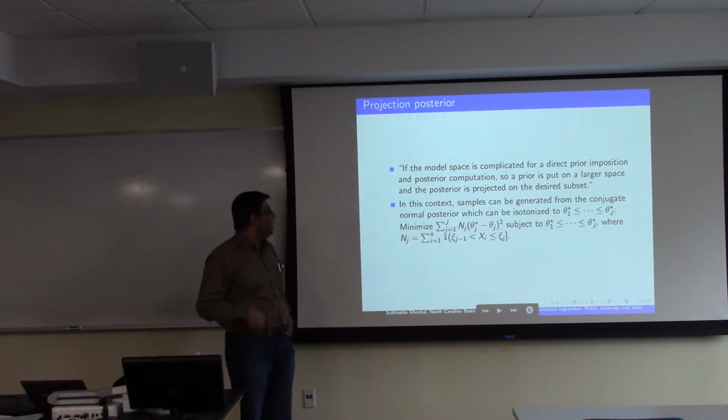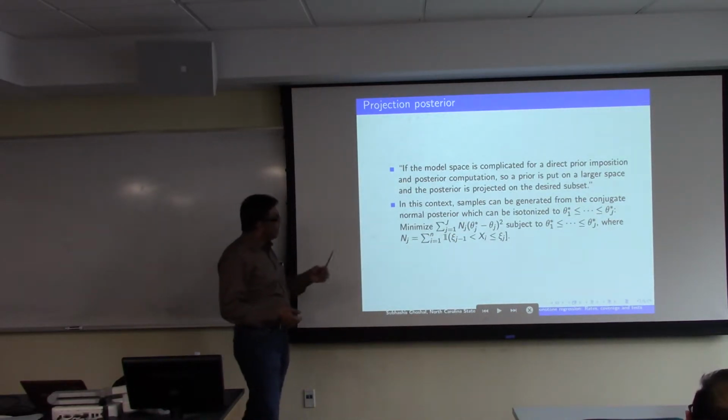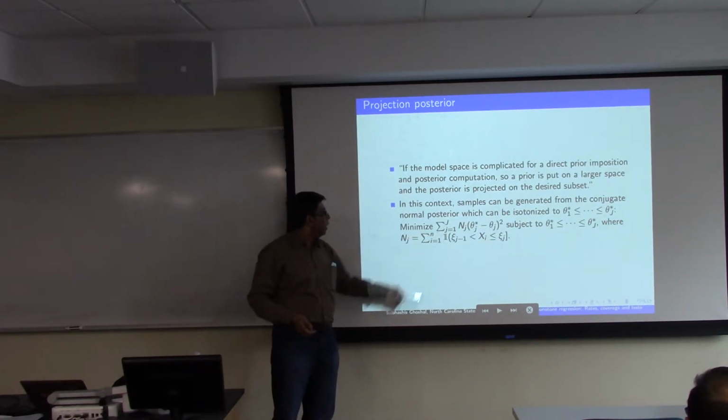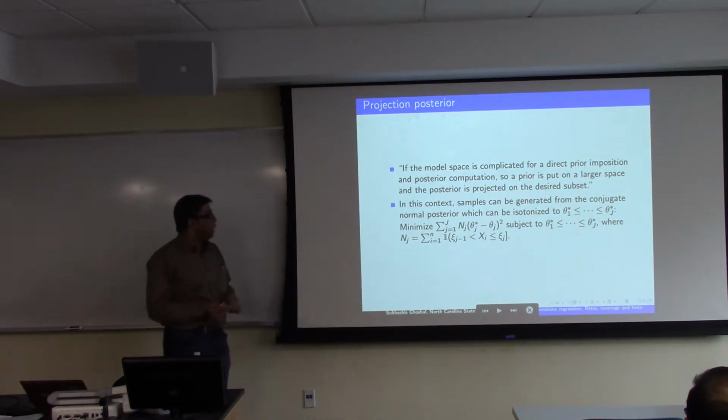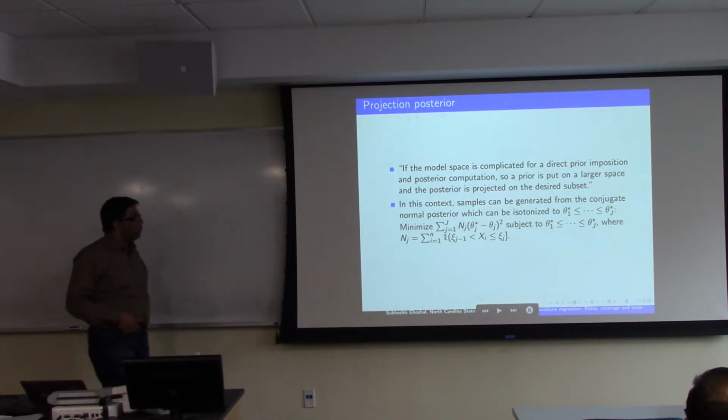Given thetas sampled from the posterior, you isotonize, that is, you minimize the weighted sum of squares, weighted by the frequency of occurrences, subject to the constraint that theta_1* to theta_J* are monotone. This solution is known as isotonization, and there are good algorithms for it.